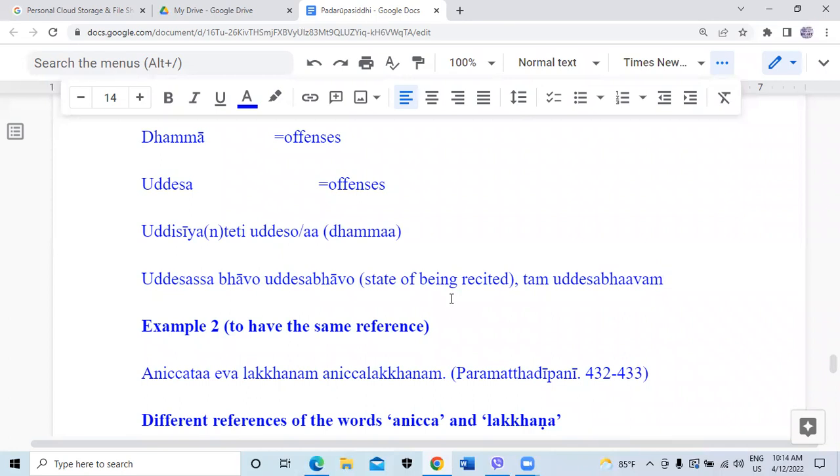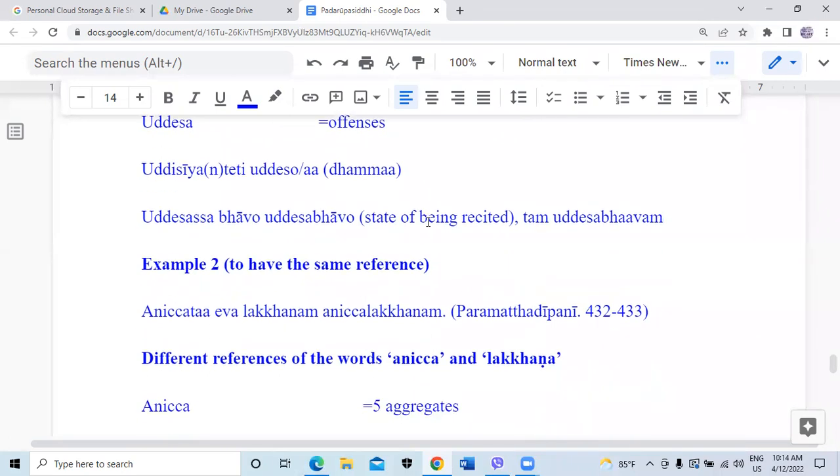So Sayadaw, now it comes to the same question above. Here the Dhamma is plural. Then why do we say Odesassa, not Odesanang Bhavo? Because Odesa refers to the Dhamma. Yes.